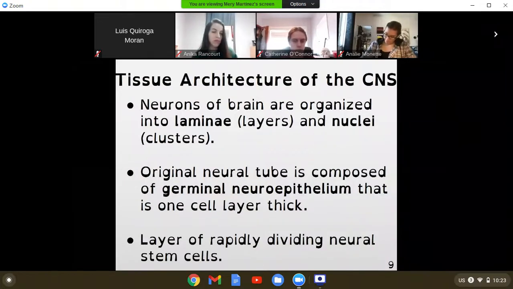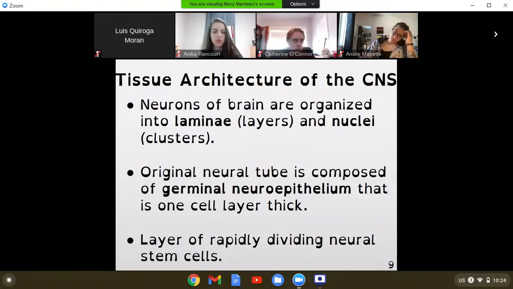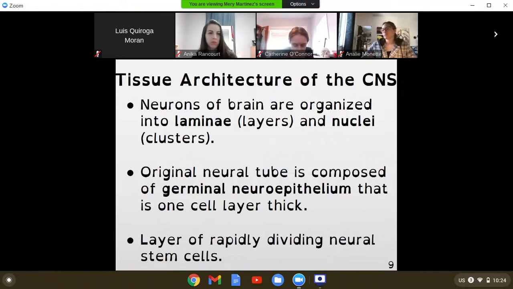So now that we know the different types of cells that we find in our brain and neural tube, let's look a little bit at the architecture of the central nervous system first. Neurons in the brain are organized into something that we call layers or laminae, and also nuclei.